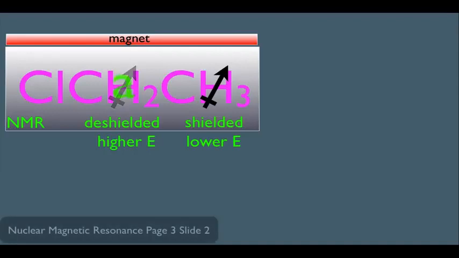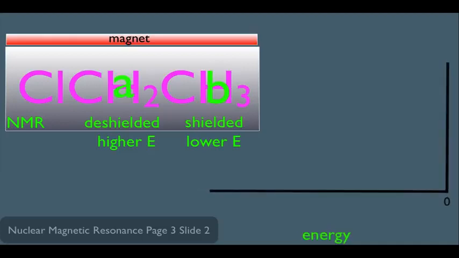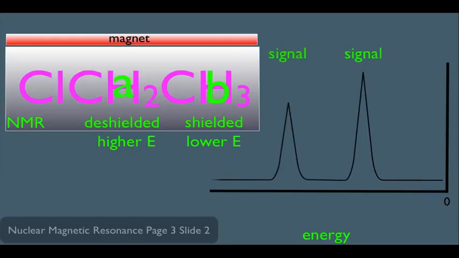Remember, let's call this guy the A hydrogen, and we'll call these three hydrogens the B-type hydrogens. Putting this sample molecule in the HNMR would give us a spectrum that looks like this. We can expect to see two signals in it. Remember, one for the A-type hydrogens and one signal for the B-type hydrogens. And those two signals again will correspond to the amount of energy necessary to bring these hydrogens into resonance.